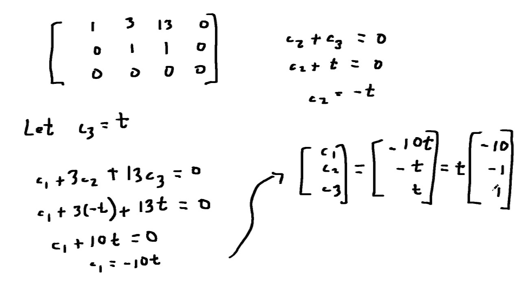It's all multiples of this vector, minus 10, minus 1, 1. So there's a bunch of solutions here, and they're non-trivial, meaning that they're not the zero vector.